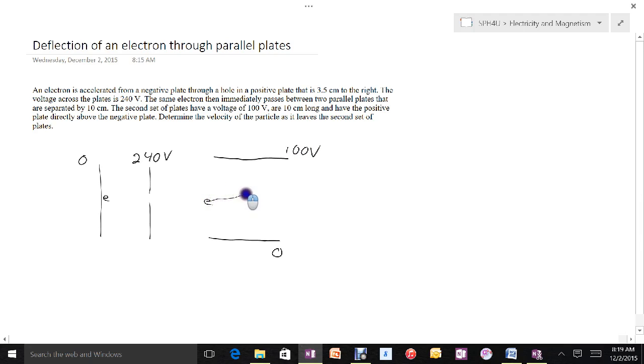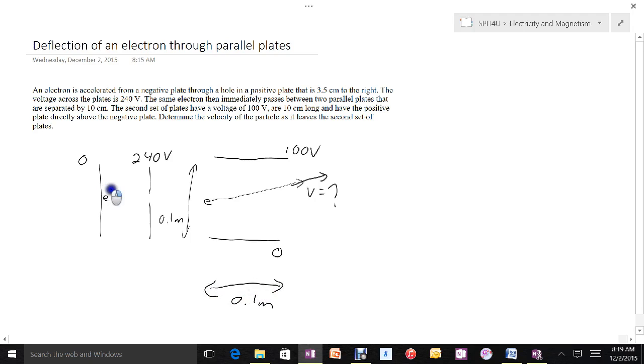So what's going to happen is he's going to be attracted to the positive plate as he moves through. He's going to sort of curl up, and then what we want to know is the velocity right here. The plates are separated by 10 centimeters, so this is 10 centimeters. And it says that they're 10 centimeters long, so this is 10 centimeters.